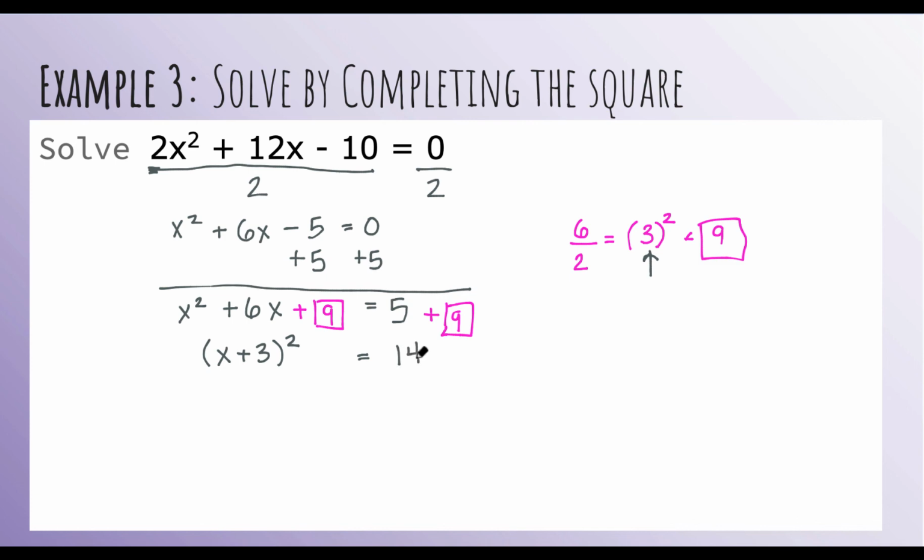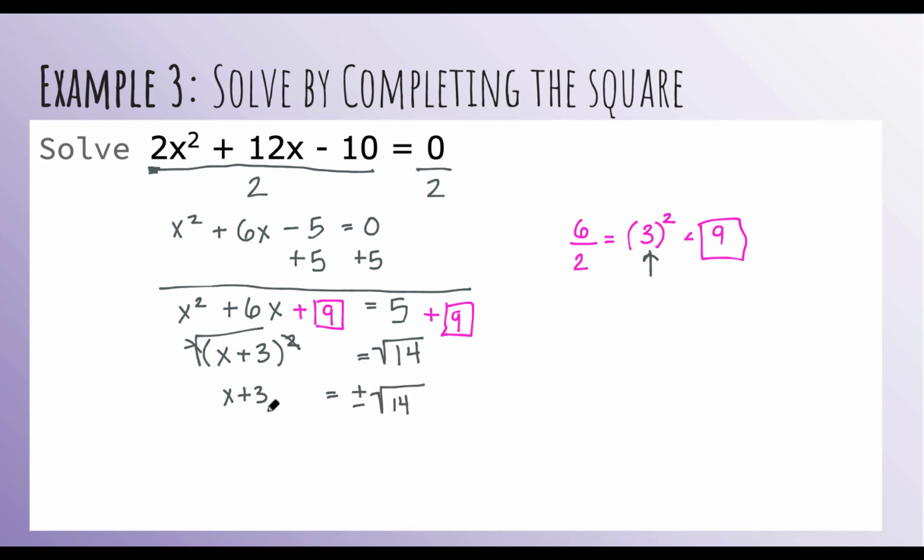I continue here, so I'm going to take the square root of both sides, and I have x plus 3, because the square and the square root cancel, is equal to the square root of 14. Well, 14 is a positive number, but it doesn't have any perfect squares inside of it as a factor. So I'm just going to leave it as plus or minus the square root of 14.